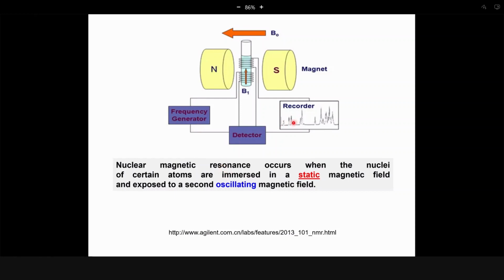And associated to the detector, we have the recorder, which is the computer, and we work on the computer to make the Fourier transformation, and to get the final spectrum.